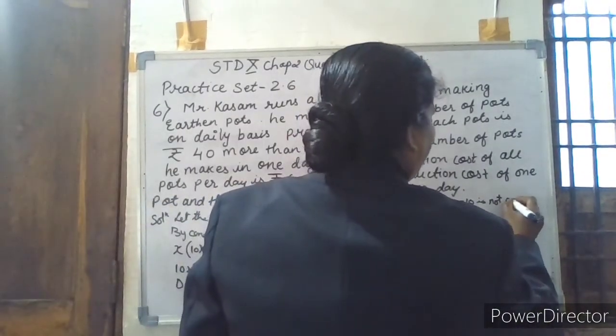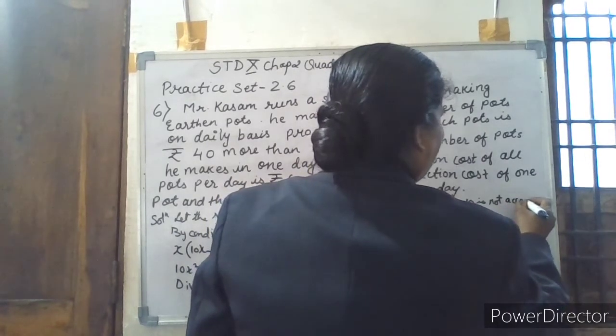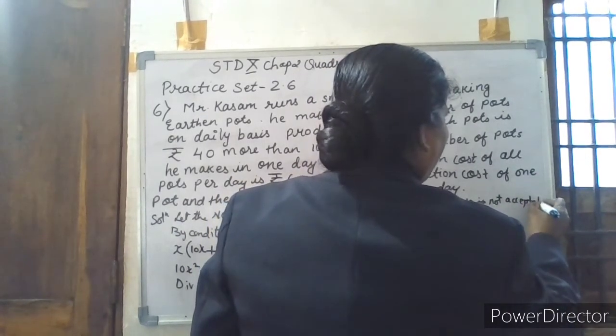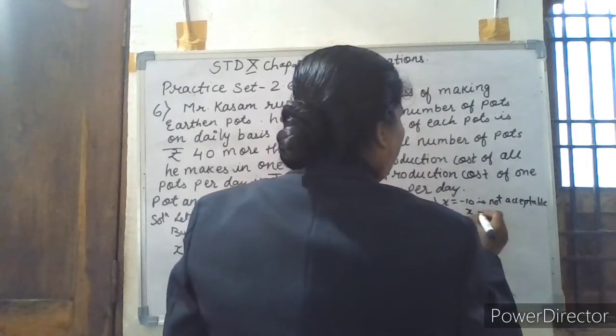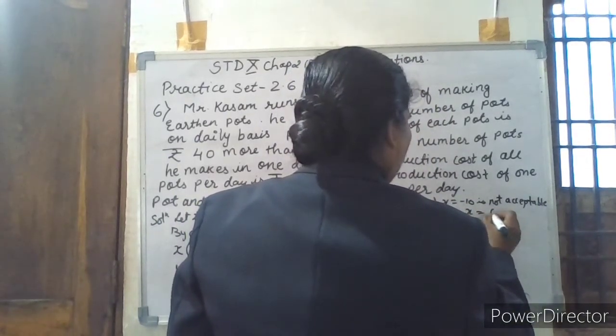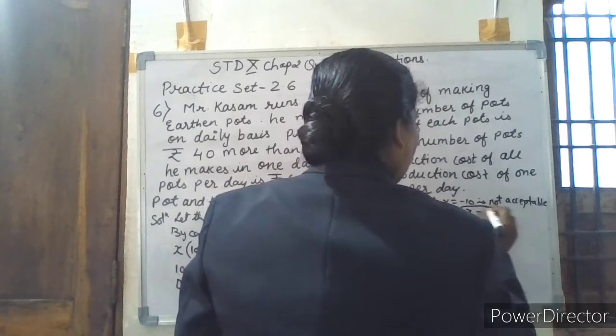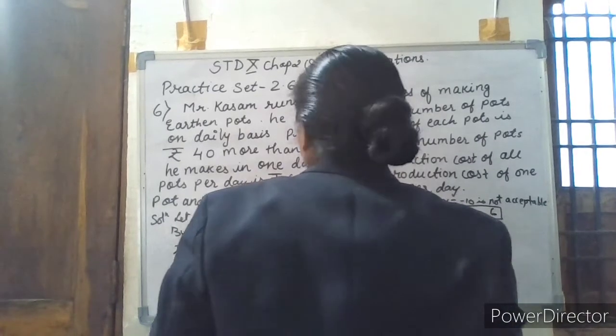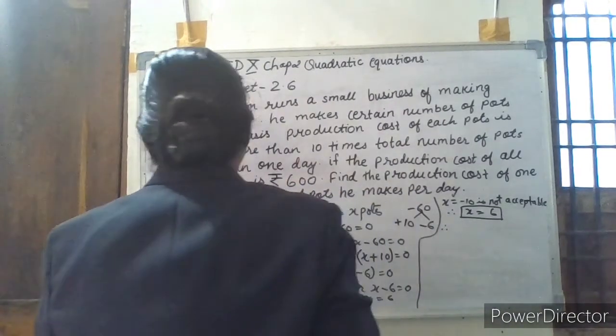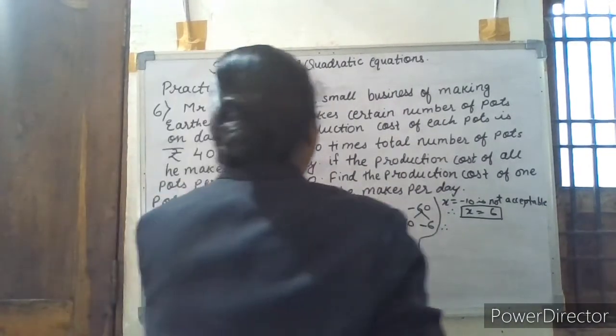Not acceptable. Therefore, x value we got as equal to 6. Therefore, this is what actually the number of pots made per day.